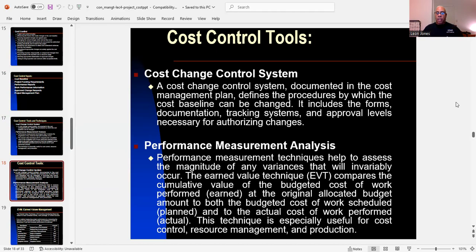The earned value technique compares the cumulative value of the budgeted cost of the work performed at the original allocated budget amount to both the budgeted cost of the work scheduled and the actual cost of the work performed. This technique is especially useful for cost control, resource management, and of course, production. And I actually gave you that slide twice because it's very important.